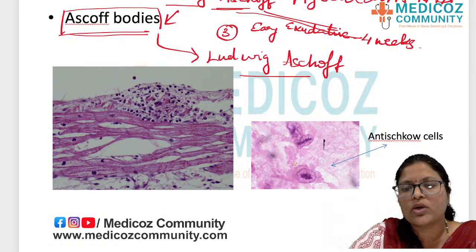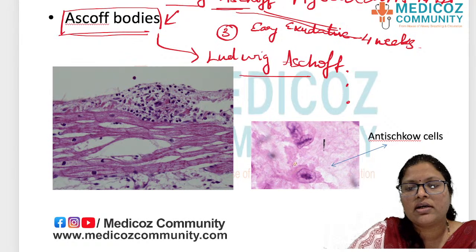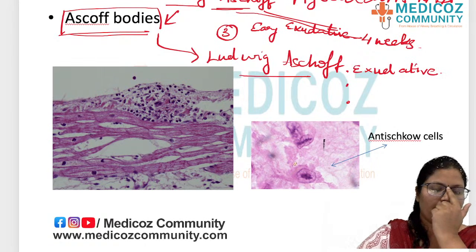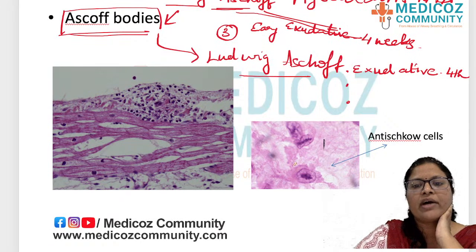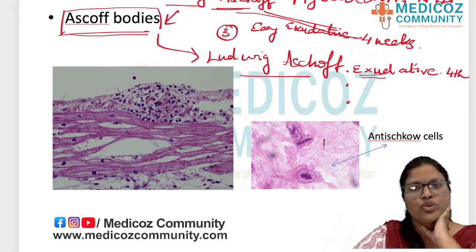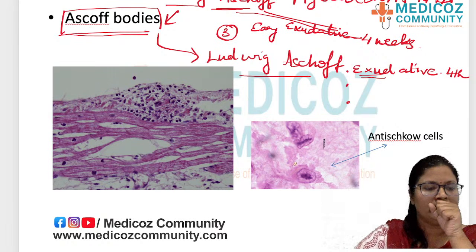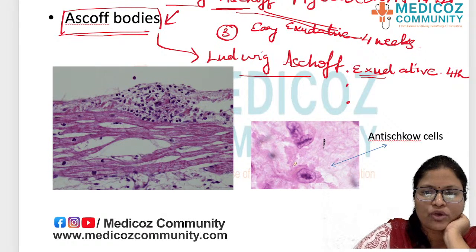It is seen in the myocardium and there are 3 phases which occur. One is the early exudative phase. So in the early exudative phase, what happens? This occurs around the 4th week after the infection and you have recruitment of macrophages and fibroblasts to the area of injury. The next phase is called the granulomatous phase.